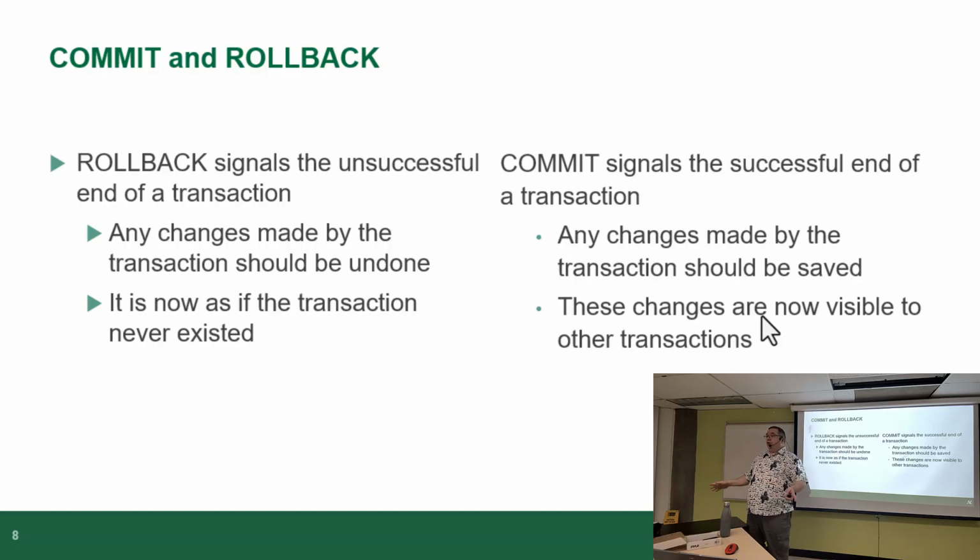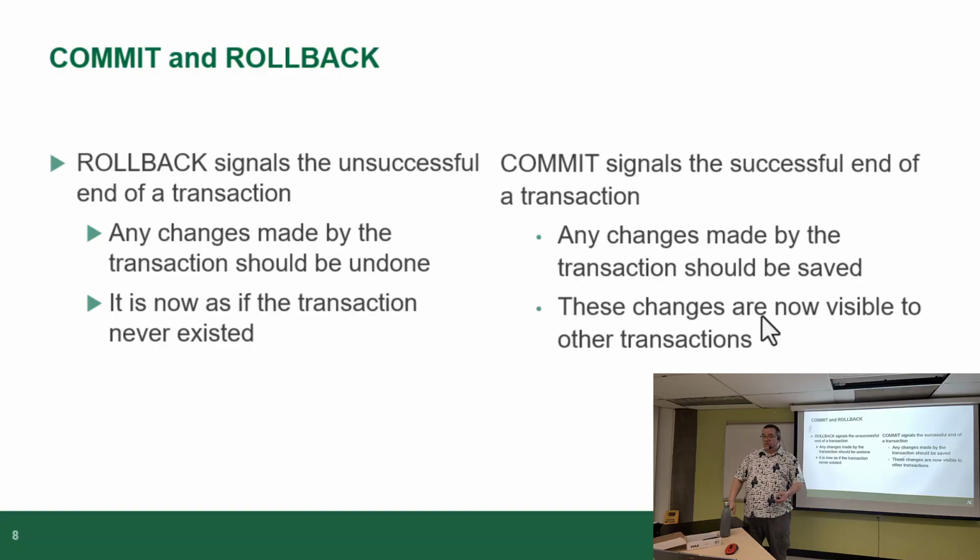It's the closest thing to an undo you have in a database. Everything that you did during that transaction, if you roll back, it all goes away. It's like it never even happened. It just throws it away.